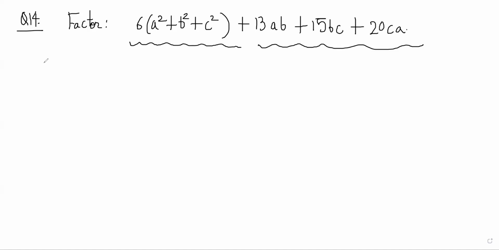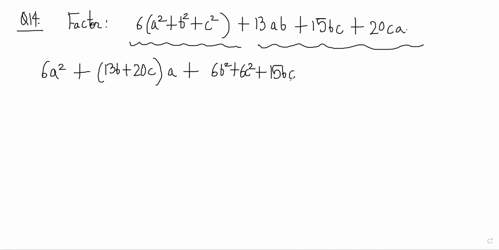So right now we'll think of it as a quadratic in a and write it like this: 6a² + (13b + 20c)a, and the remaining terms are 6b² + 6c² + 15bc. This is the constant term, right? This is a quadratic in a.